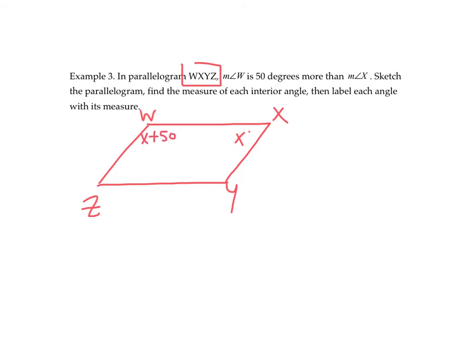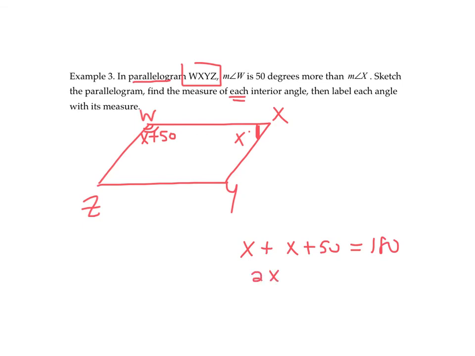The problem says sketch the parallelogram, find the measure of each interior angle, then label each angle with its measure. The one thing we have to remember is that in a parallelogram, consecutive angles are supplementary. So x plus x plus 50, because angle X and angle W are consecutive interior angles, they have to have a sum equal to 180 degrees.